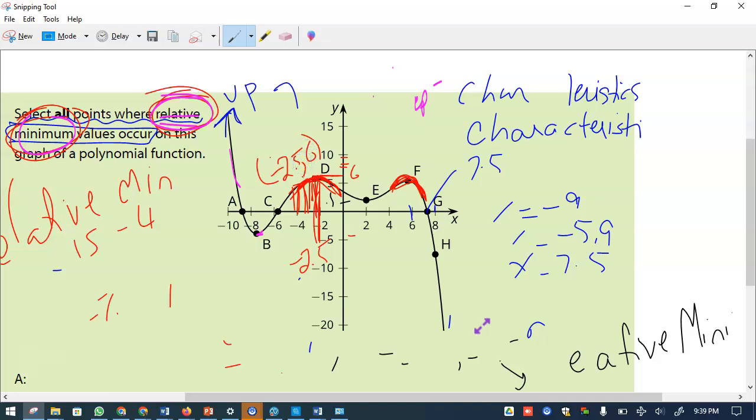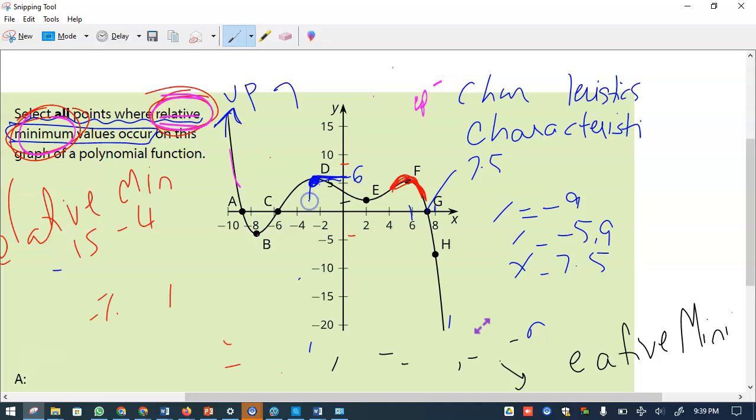So let me clean this up and just write it nicely. This point D is a point where there is a relative maximum, and that is almost like maybe 6. I don't know whether it is 6, but I put 6.